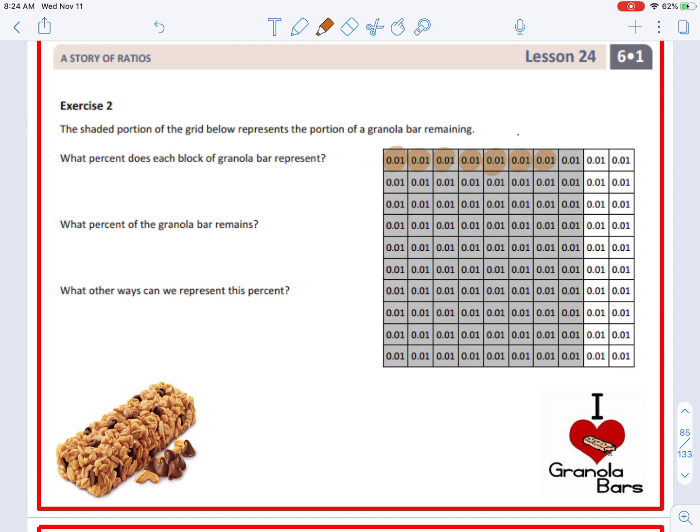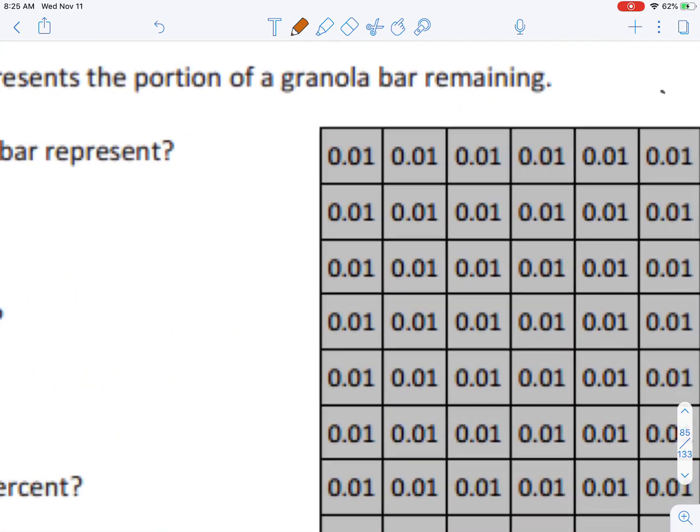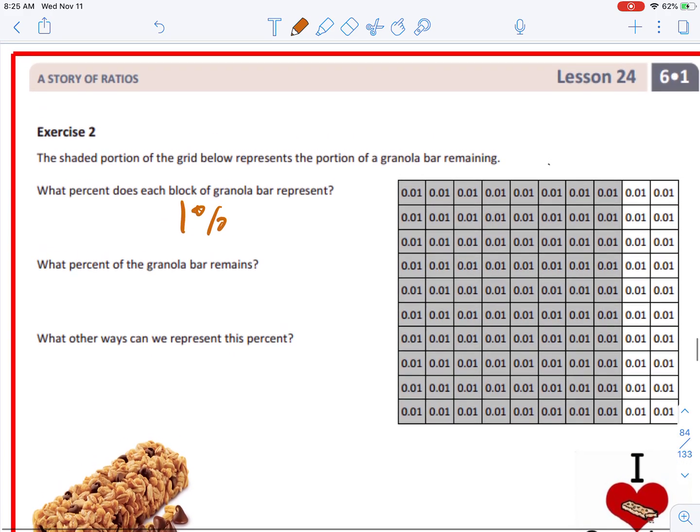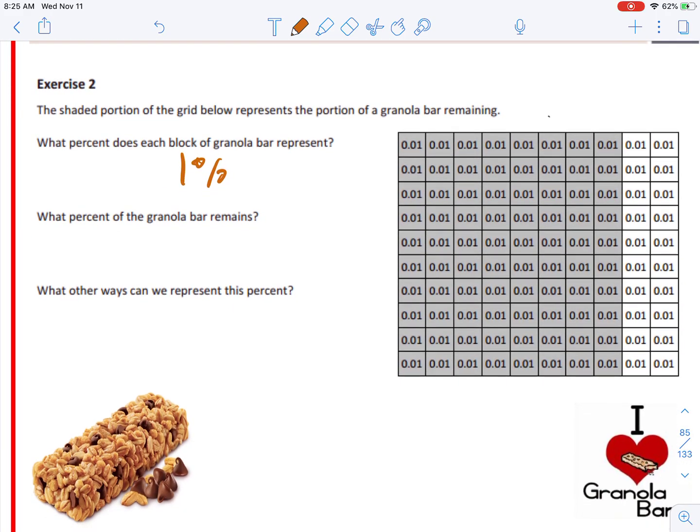There's 100 units, 100 boxes, okay? What does each of them represent? They each represent 1%. And that's how you write 1% as a decimal: 0.01. That equals 100th. 100th equals 1%.